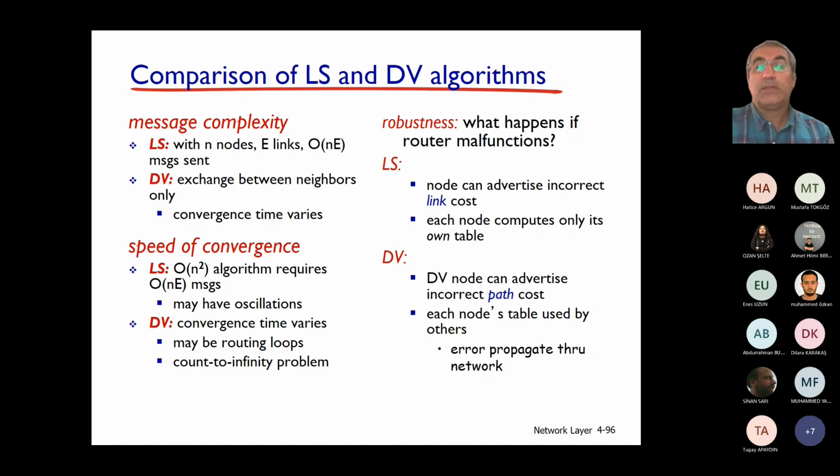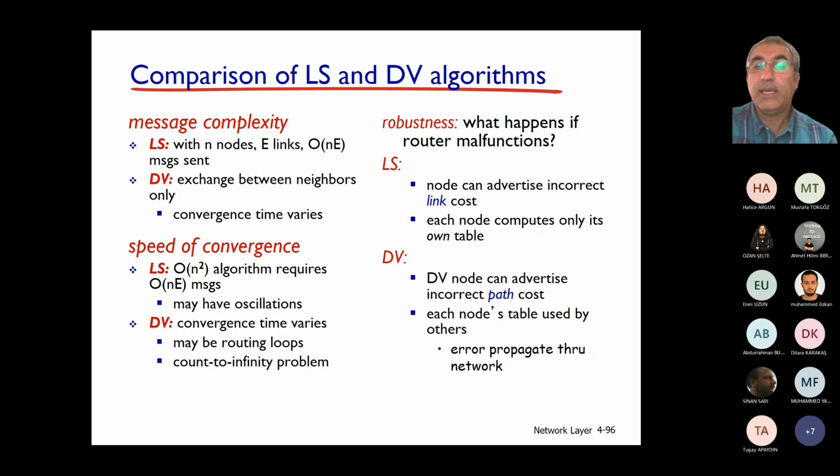Let's look at the robustness of these algorithms. What happens if the router malfunctions? Assume that a router starts to malfunction and provides wrong information or an error, so incorrect information.